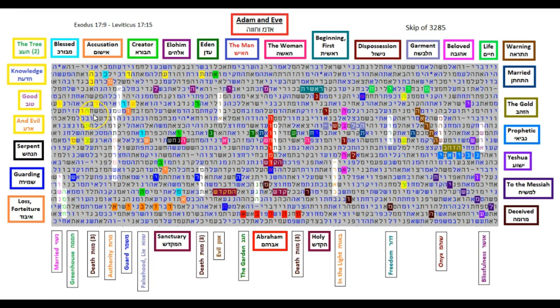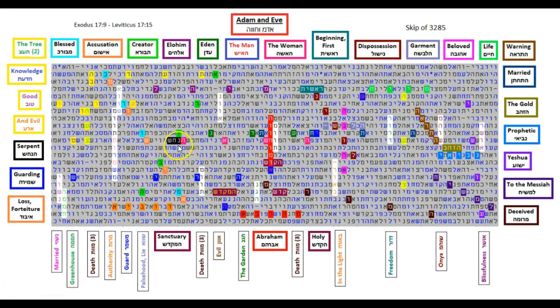So over here on the far left, we have again the tree and the knowledge, hadat, of good, here, tov, and evil, going over this way. So that's all in this top left corner.